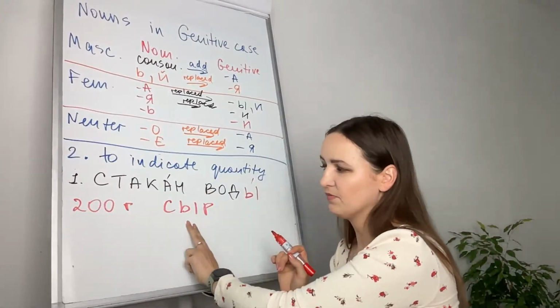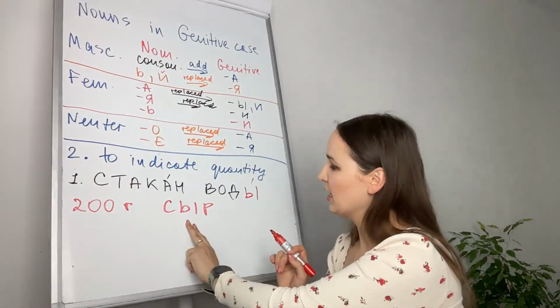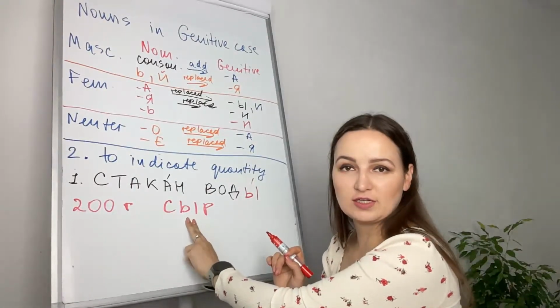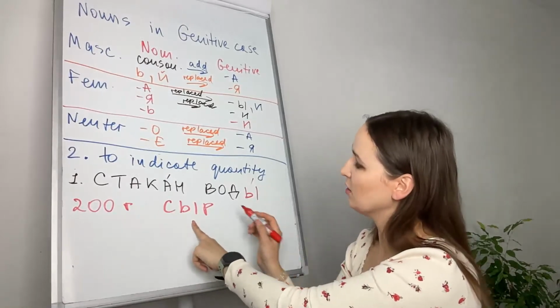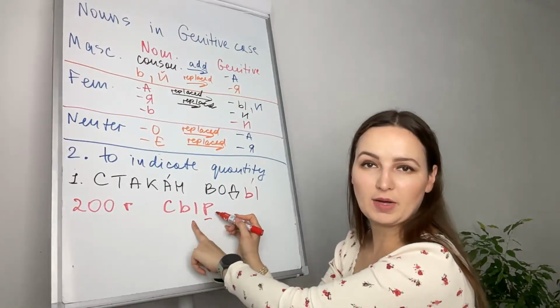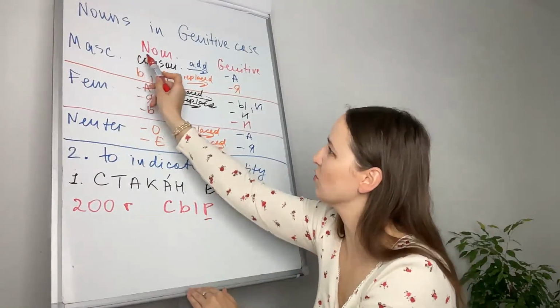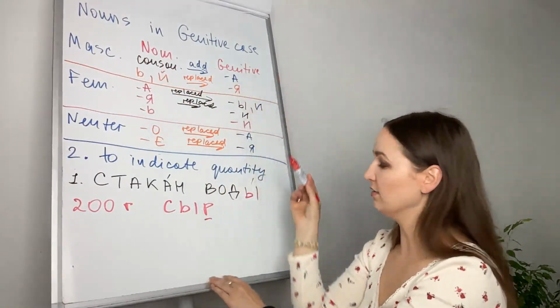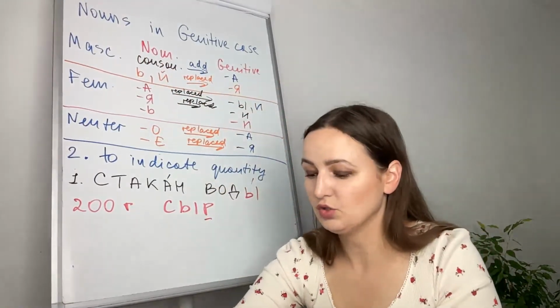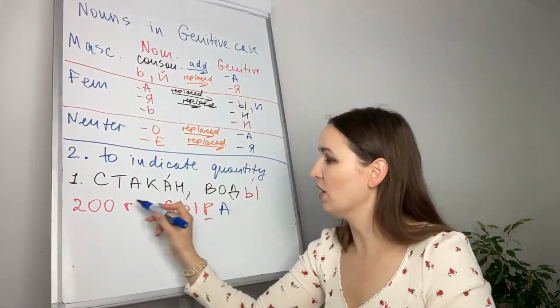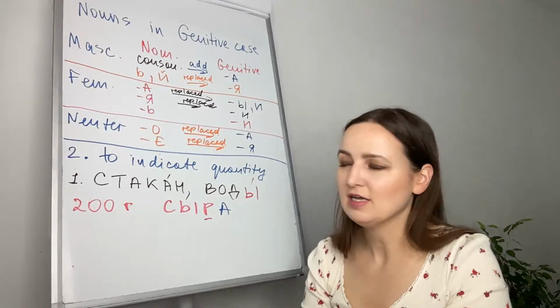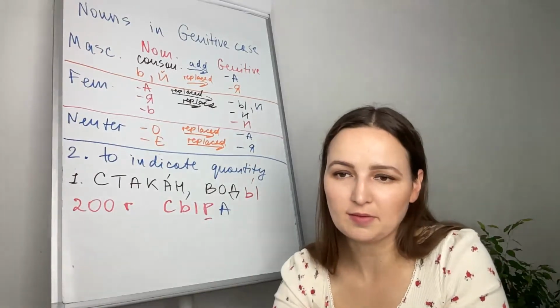We have to put it in genitive case because we indicated quantity. Сыр is masculine, ends in a consonant. So consonant, add а, and say 200 грамм сыра. 200 grams of cheese.